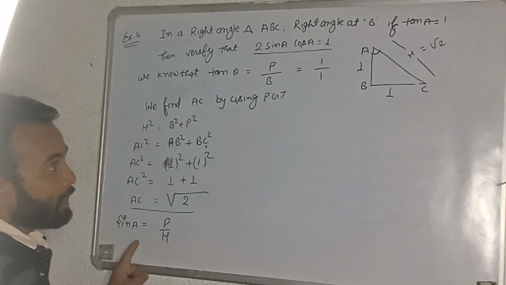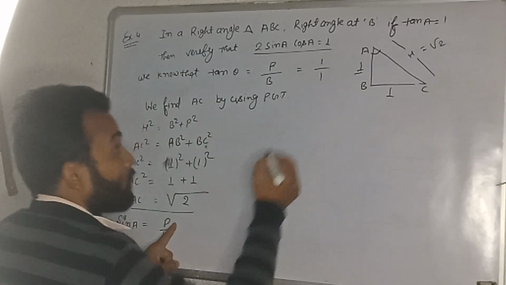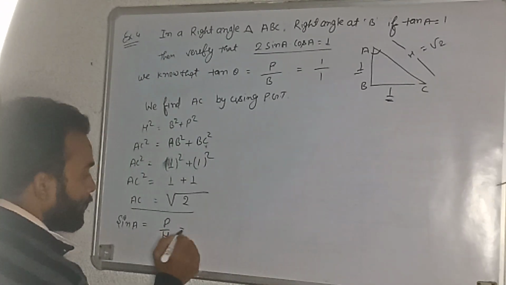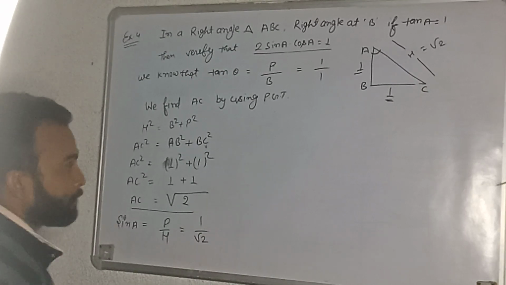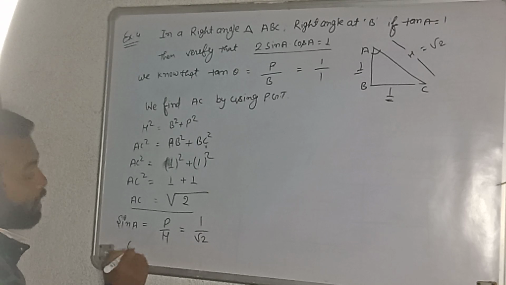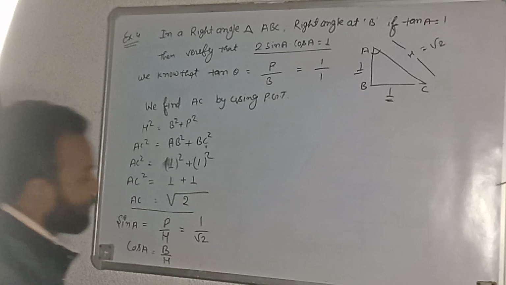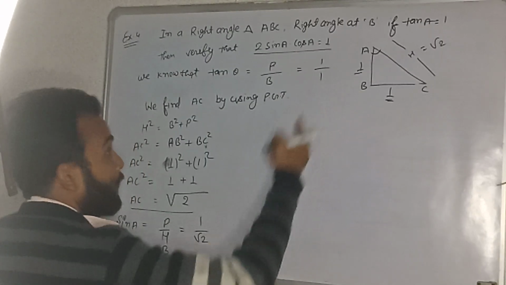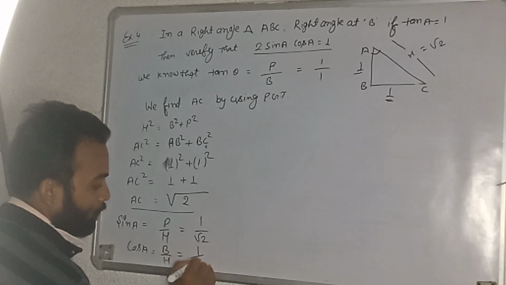So sin A is equal to perpendicular, that means 1 upon hypotenuse, which is root 2. Cos A is base upon hypotenuse. Here base will be 1 and hypotenuse will be root 2. So cos A is 1 by root 2.